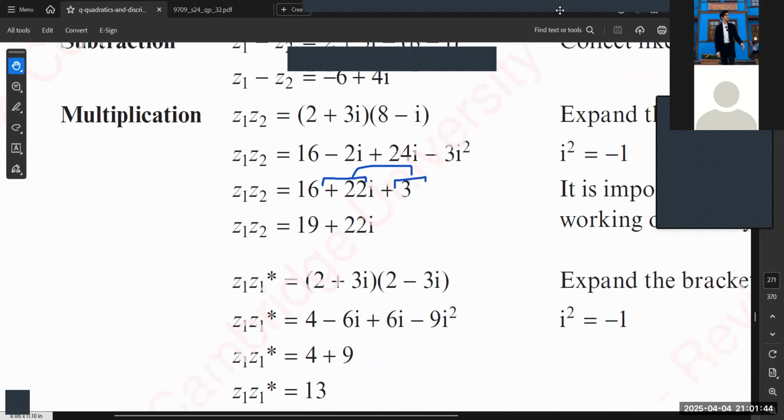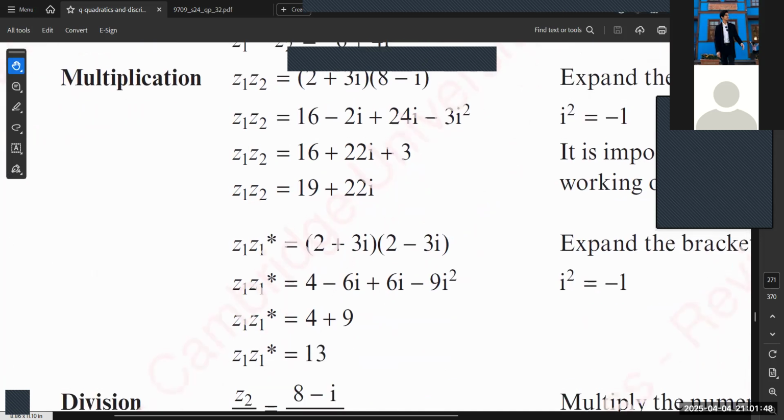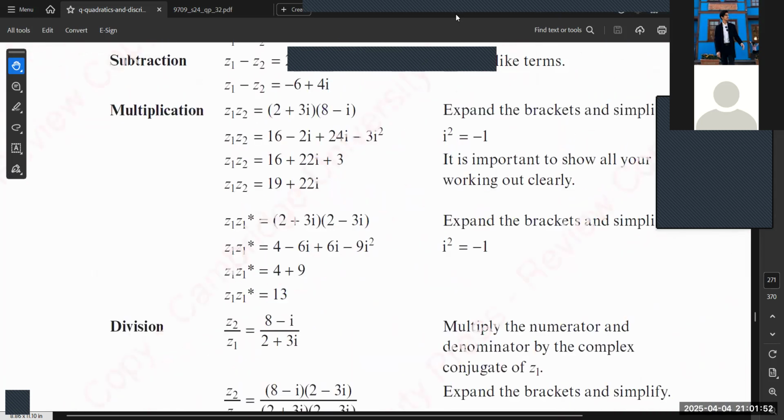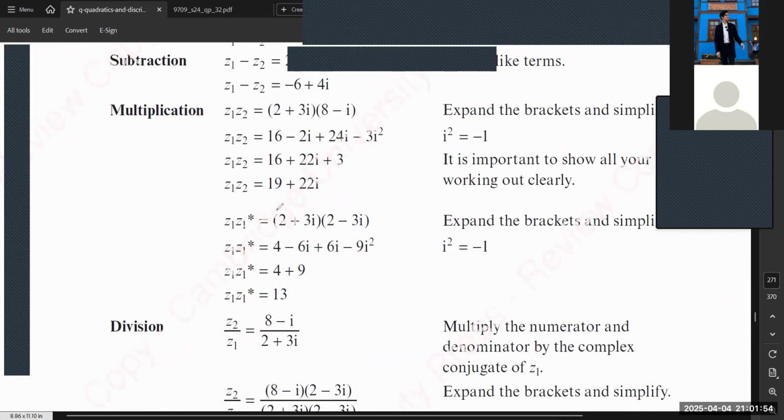Okay, this is an important little idea also. Remember that whenever you multiply a complex number by its own conjugate, you will always end up getting a real number answer. Why? Just because of how the basic math works. When you have two conjugates, you have a plus b and a minus b, don't you? So those cancel.